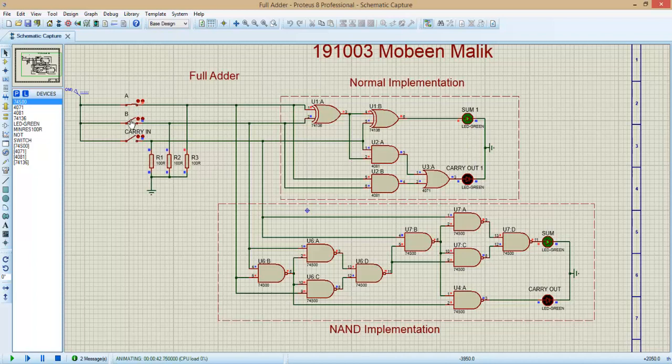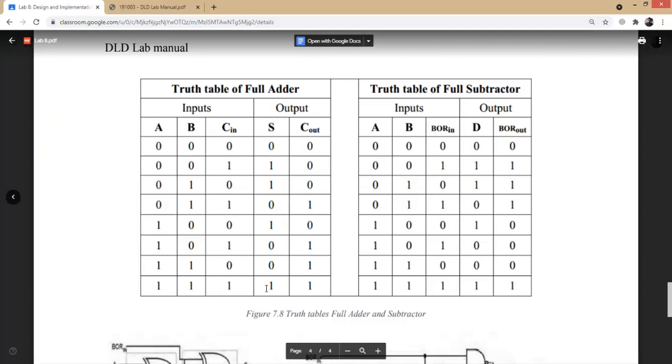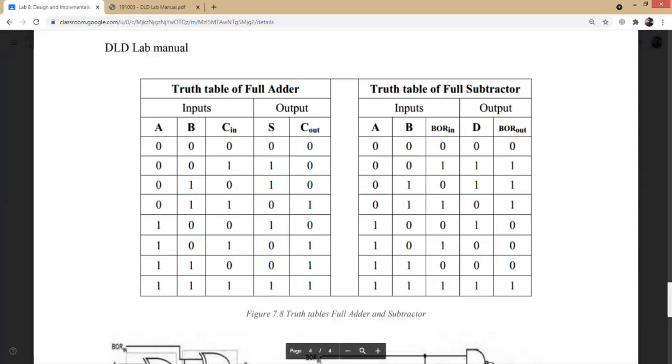Now 1 plus 1 plus 0 is having the same results. 1 plus 1 plus 1 is equal to 1, where the sum is 1 and the carry is also a 1.